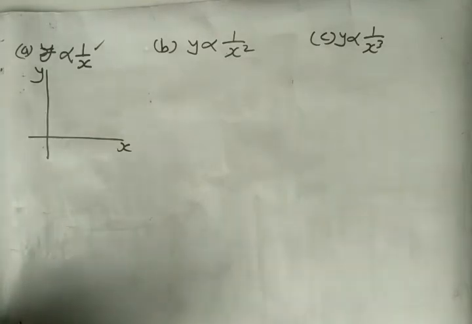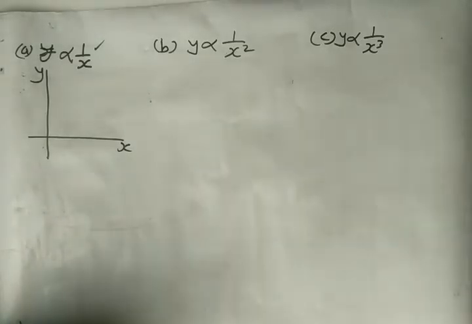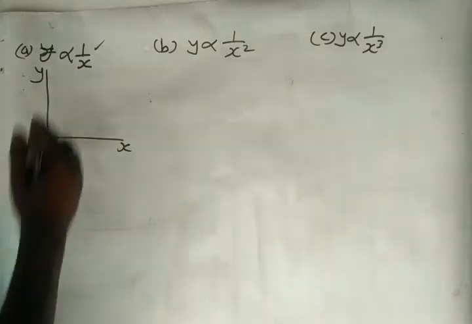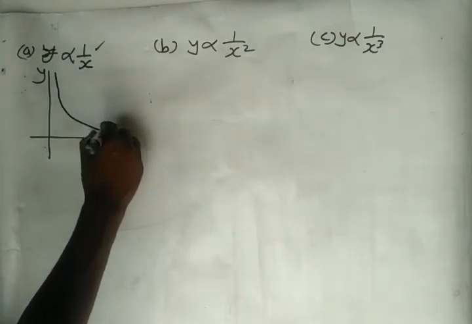Now what happens for an inverse proportion graph? This kind of graph neither touches the x-axis nor touches the y-axis. So it goes like this.